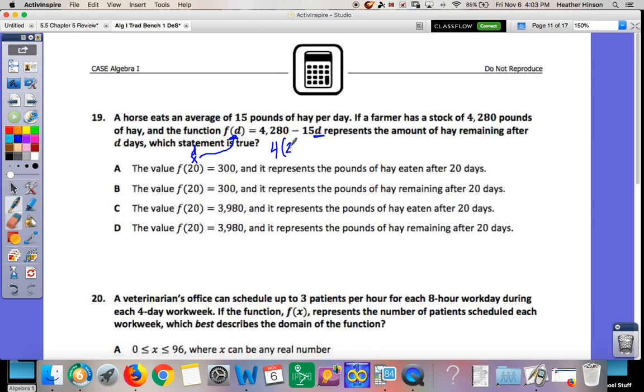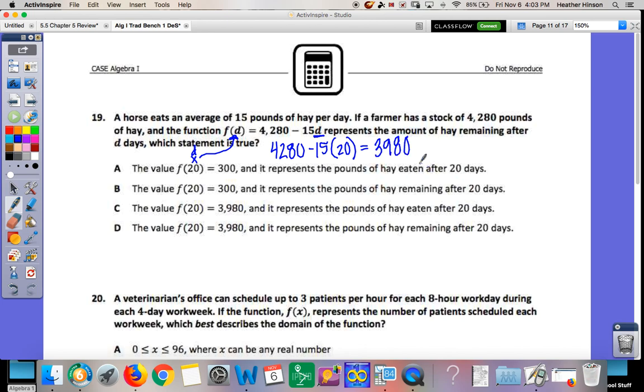So 4,280 minus 15 times D, which is 20. Plug it into your calculator and you will get 3980.